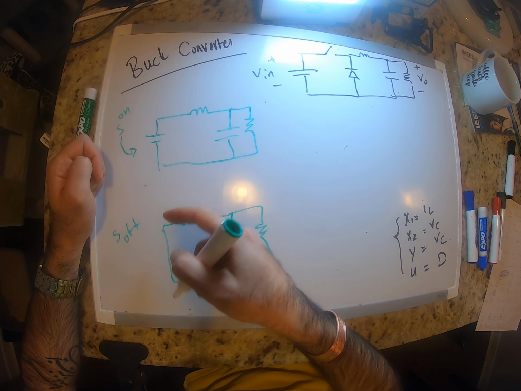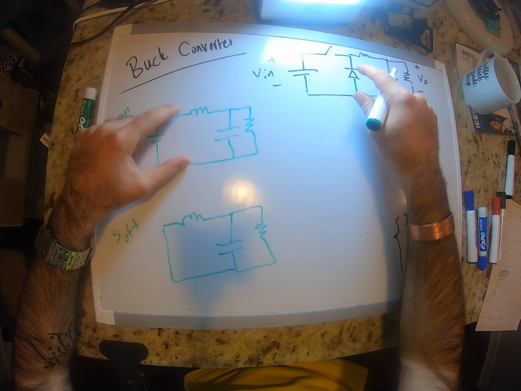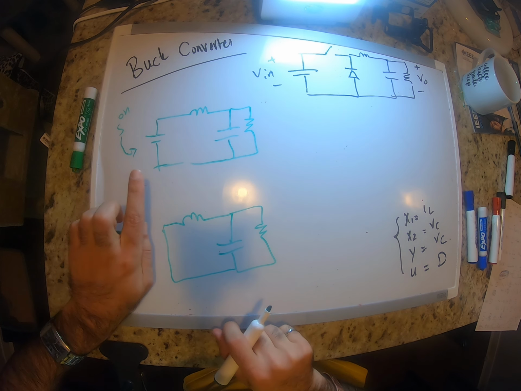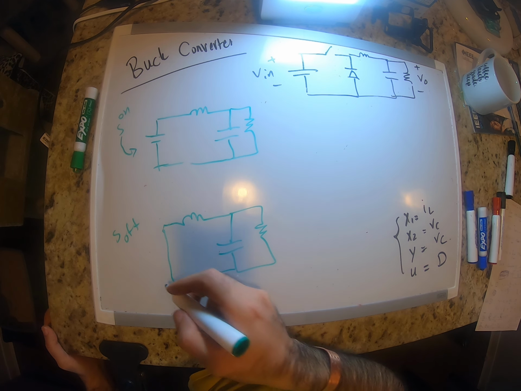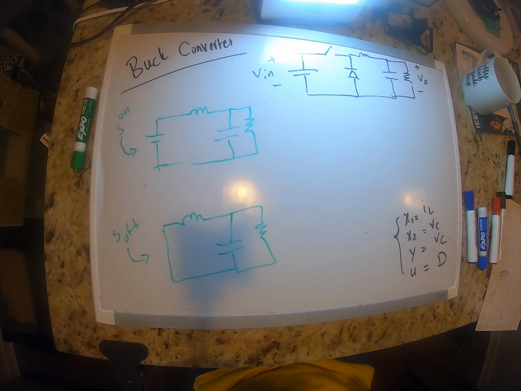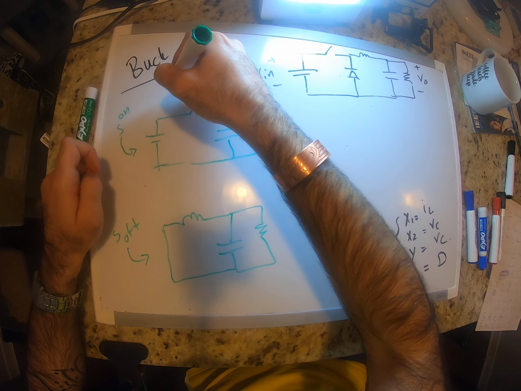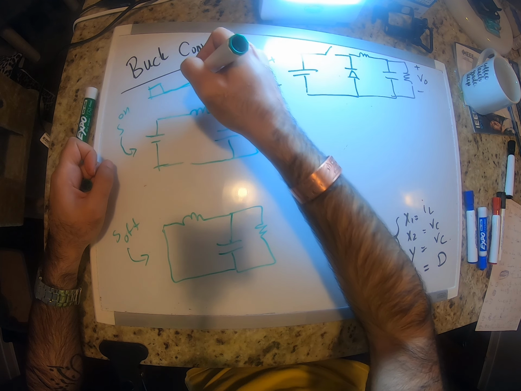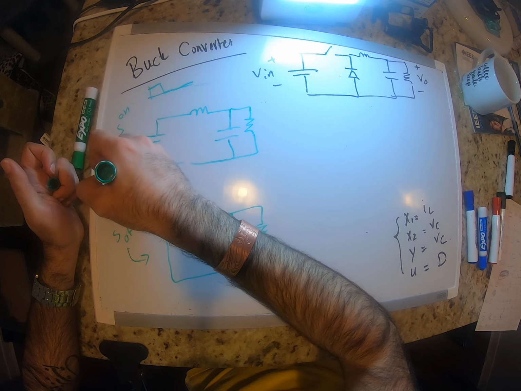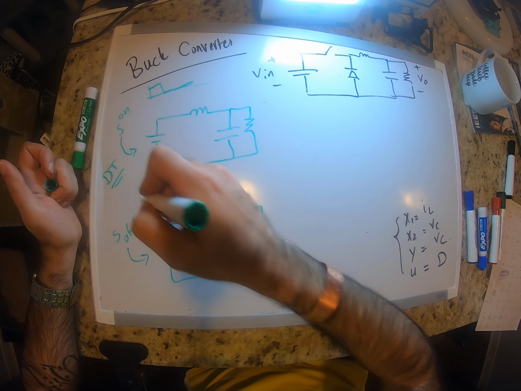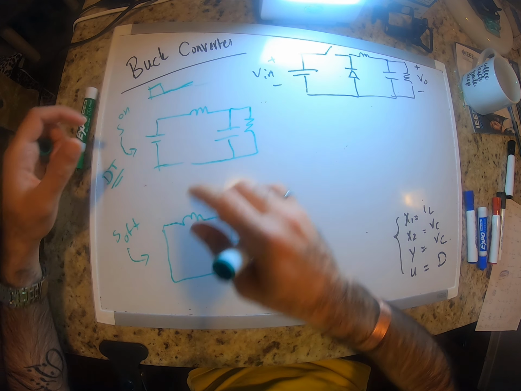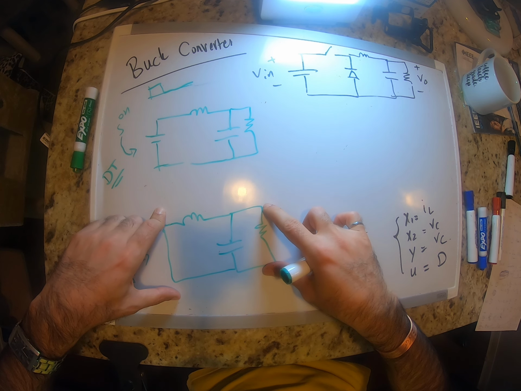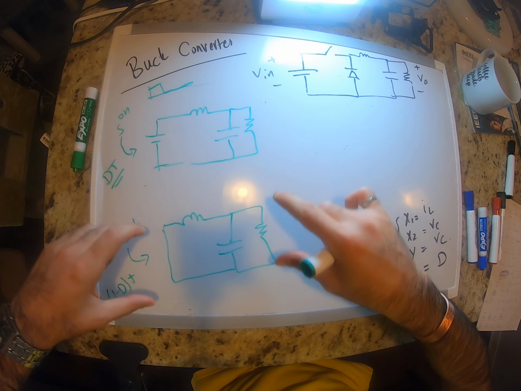The diode is conducting in this case. In this case, the diode is open, reverse biased. The switch is open, so we're disconnected from the input voltage. For this much time, the duty cycle times the period, we are in this state, and for this much time, we are in this mode.